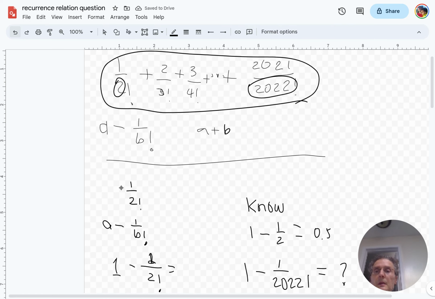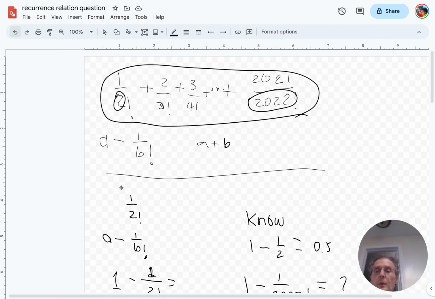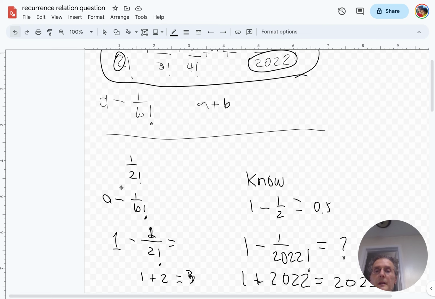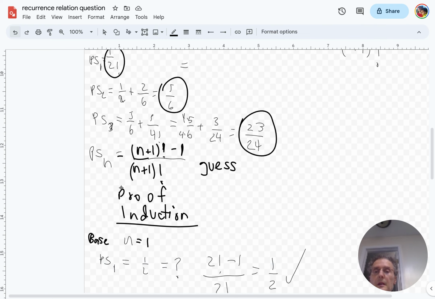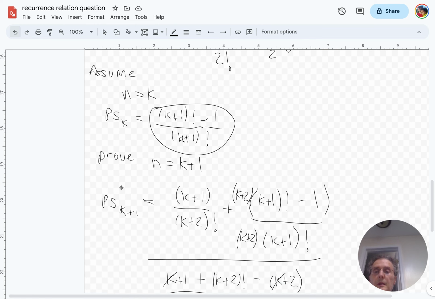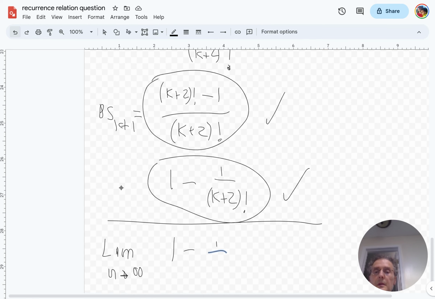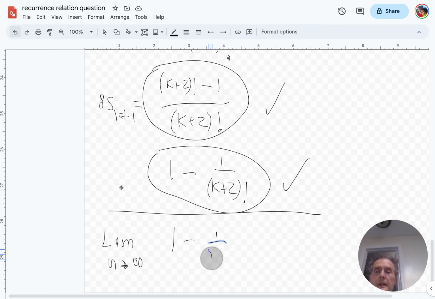Well, we wrote it here as n plus 1 factorial, really doesn't matter because it's going to infinity anyway.